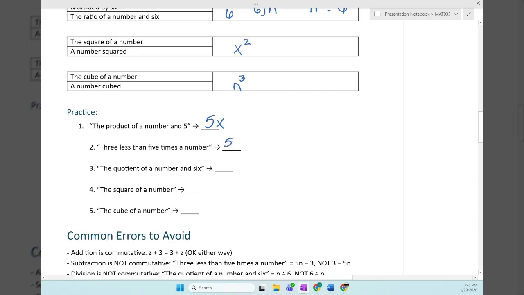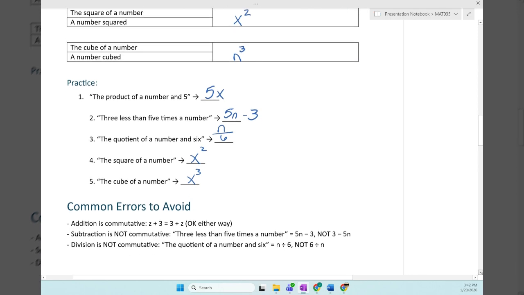Well, we have 5 times some number, and we want 3 less than that. The quotient of a number and 6. The square of a number and the cube of a number.